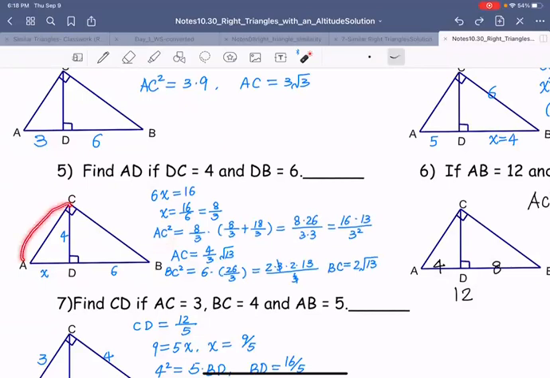You can do AC squared equals 8 over 3 times this, correct? Or you can do the Pythagorean theorem. This guy squared equals this guy squared plus this guy squared, correct? Yes. Okay. Which way did you do it?